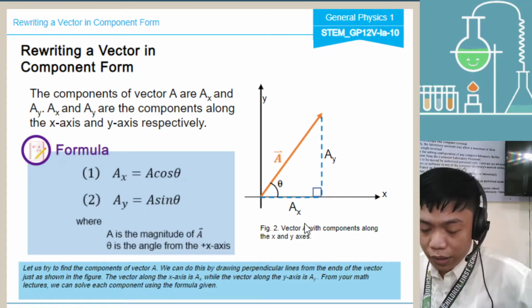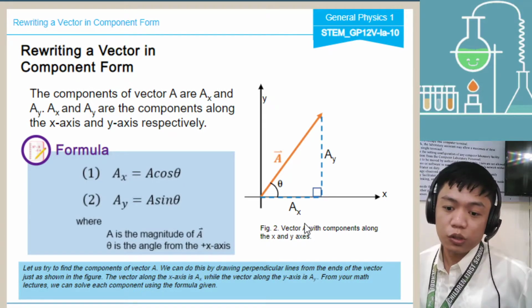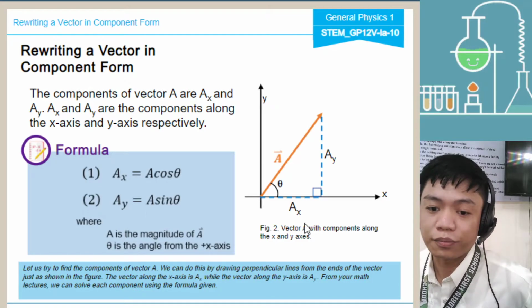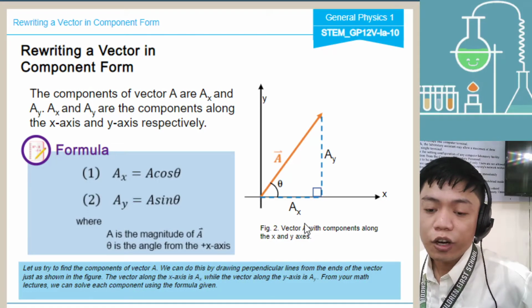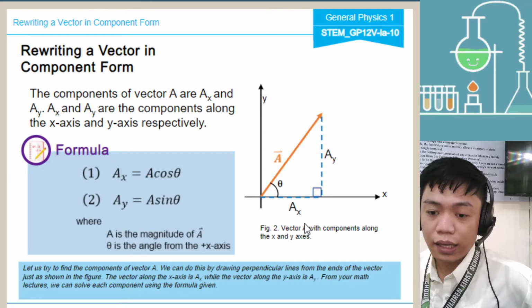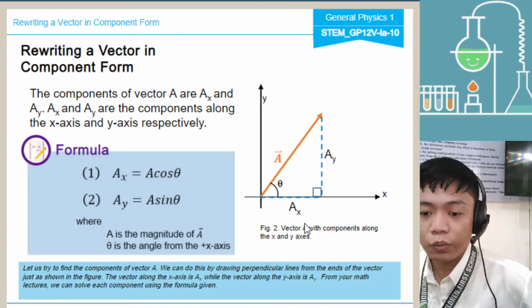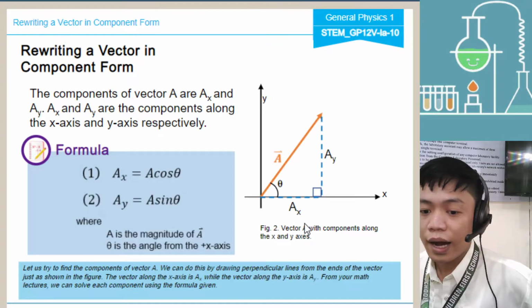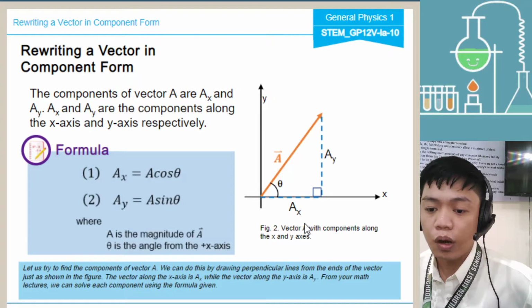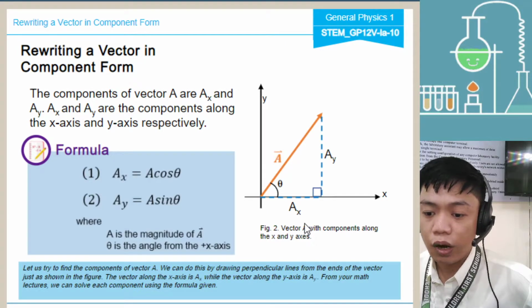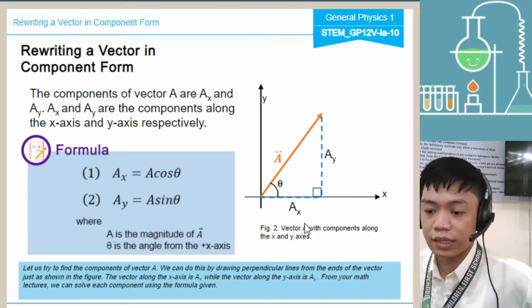From your math lectures, we can solve each component using the given formulas. The formula for A sub x is A cosine theta, and the formula for A sub y is A sine theta, where A is the magnitude of the vector and theta is the angle from the positive x-axis.